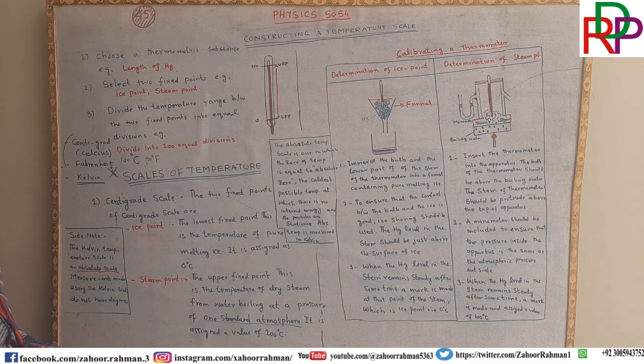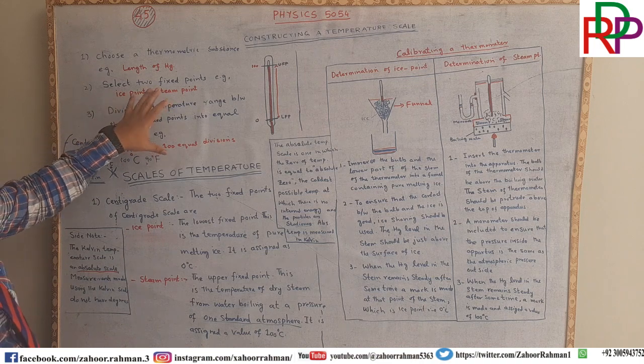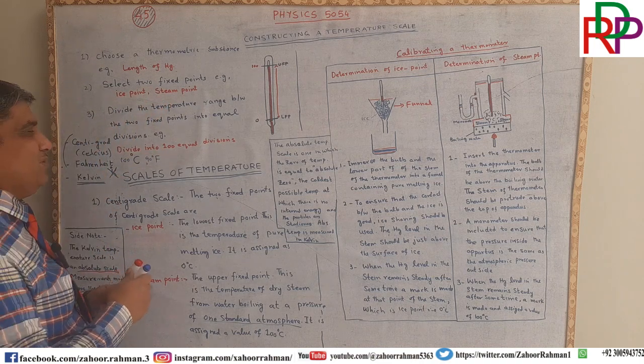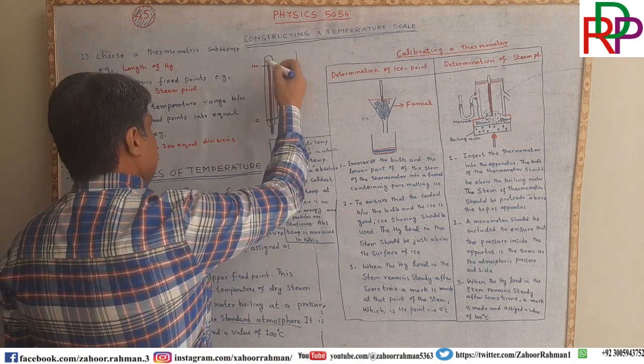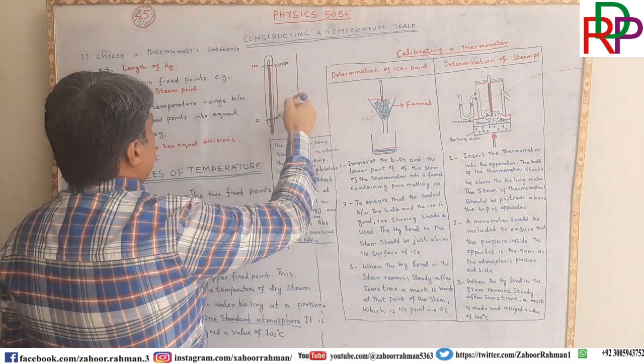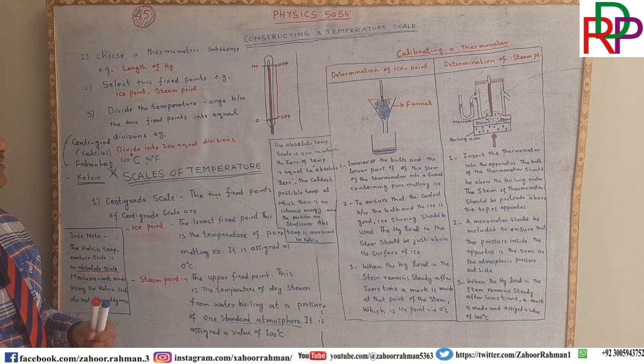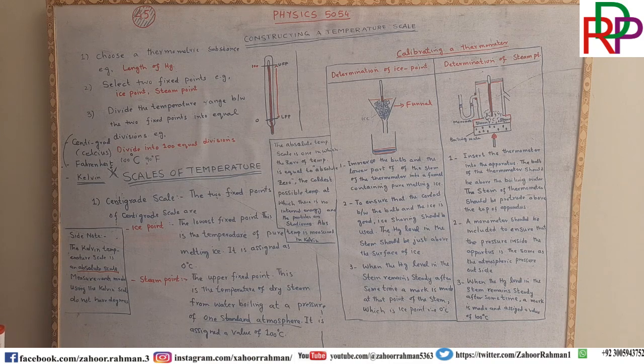So in this particular case, you can find the lower point and upper point. Now you have to measure this length, whatever length this is. For example, it is 1 meter, which is not possible. A thermometer is not 1 meter, but for your understanding, I am saying that it is 1 meter.